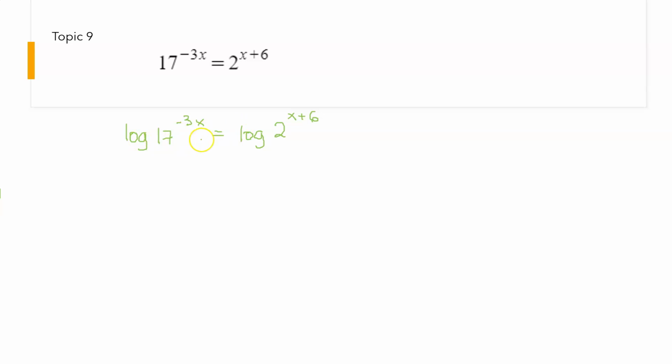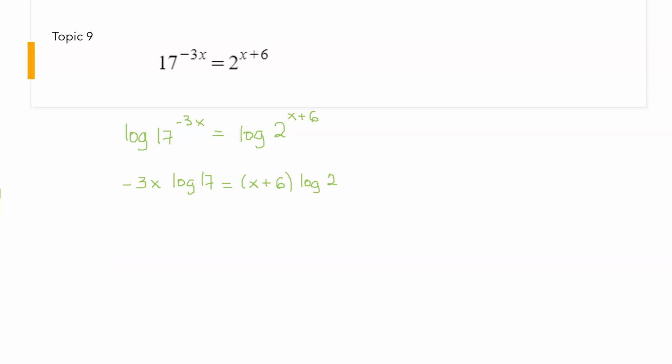So the common logarithm of 17 to the 3x, using the properties of exponents, equals 3x times logarithm of 17. This logarithm of 17 is actually a constant. The same is going to happen here: x plus 6 times logarithm of 2.